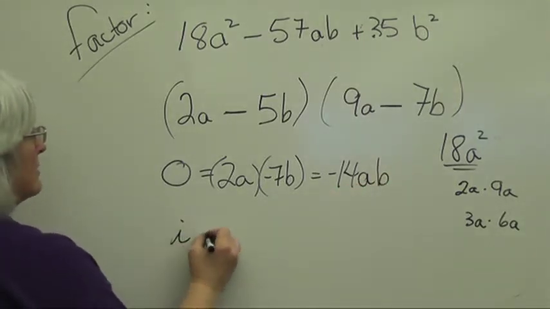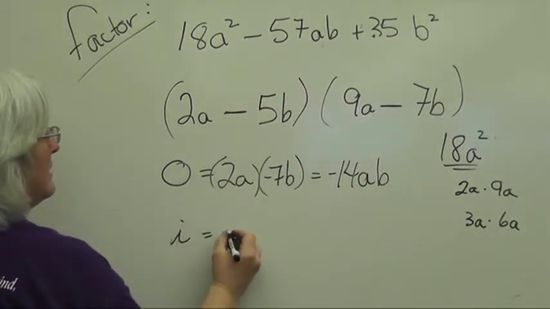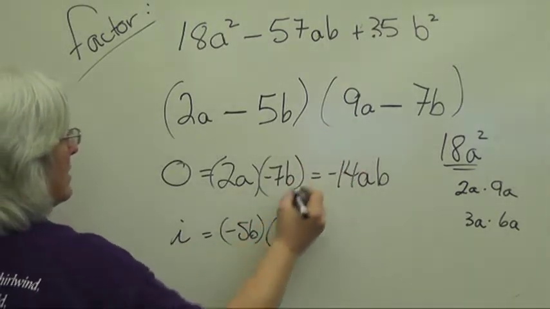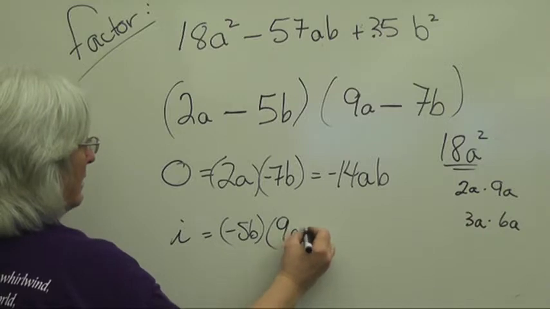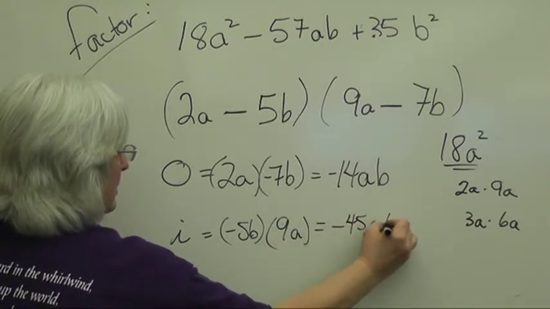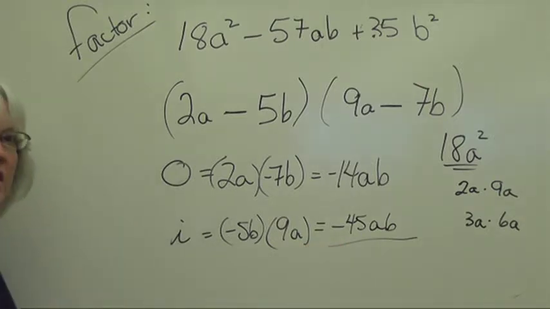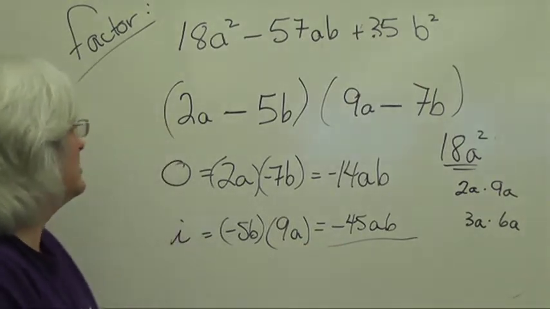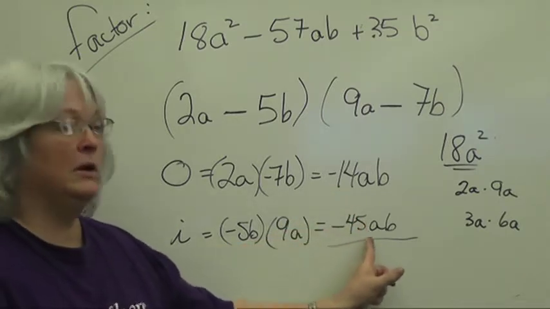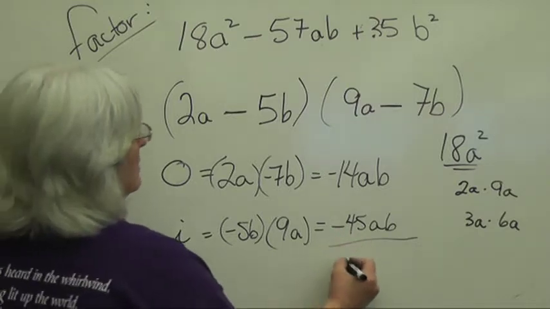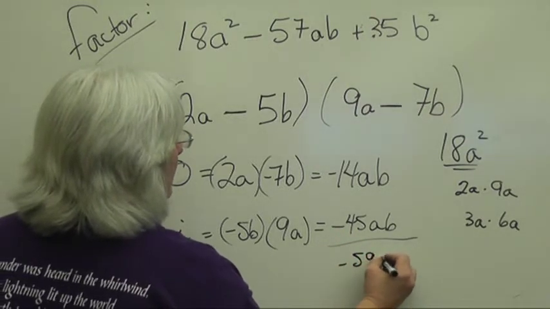Our inner product is negative 5b times a positive 9a, which is a negative 45ab. And this might very well have been the first one that you worked with. Negative 14 plus a negative 45, what's it equal? Say negative 59ab.